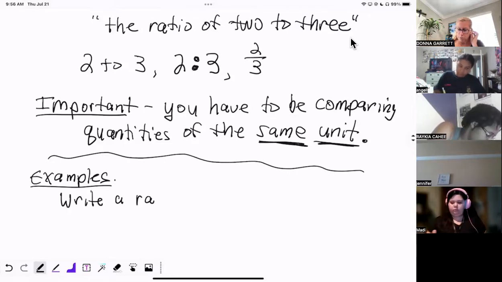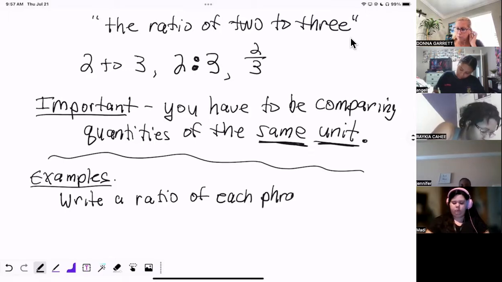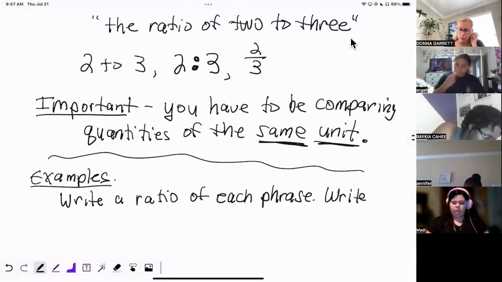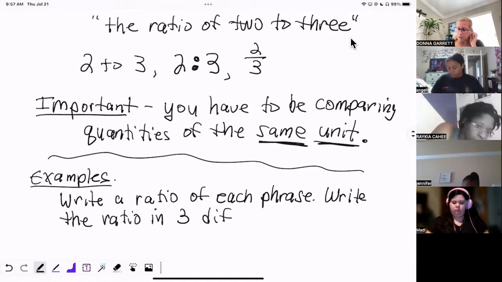Write a ratio of each phrase, sort of like what I did above when I wrote out the ratio 2 to 3 in words. Write the ratio in 3 different ways. We're going to practice all the ways we just saw above.